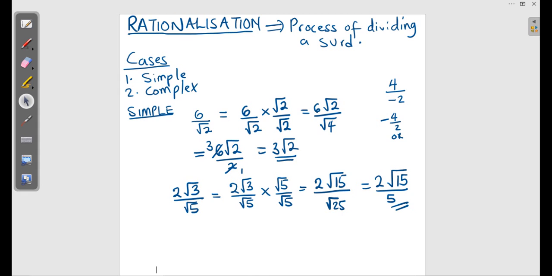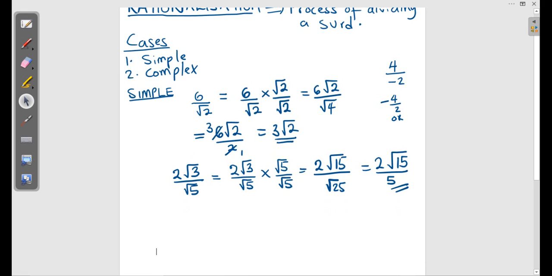Please note, you can't say 5 here 1, 5 here 3, because the 15 is in the roots, but the 5 is not in the roots. So this is how you run the simple case when performing rationalization.